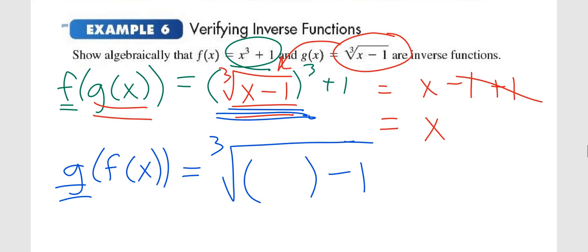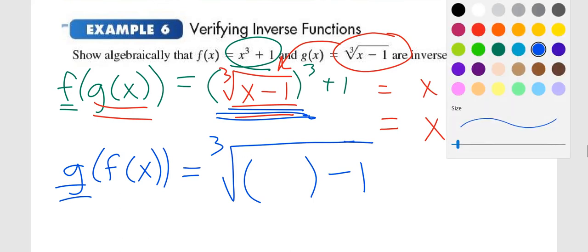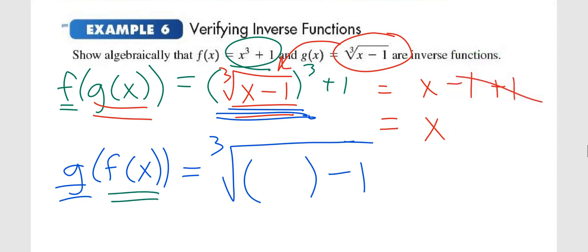What's going to go inside here? What are we putting in here? X cubed plus 1. Are those parentheses useful or useless? They are useless. Nothing's going to be done with them, so you can pretty much ignore them, right? Gone.